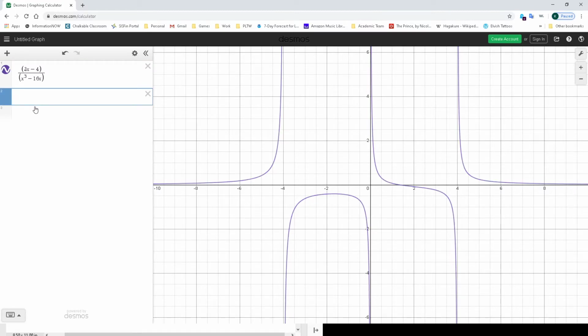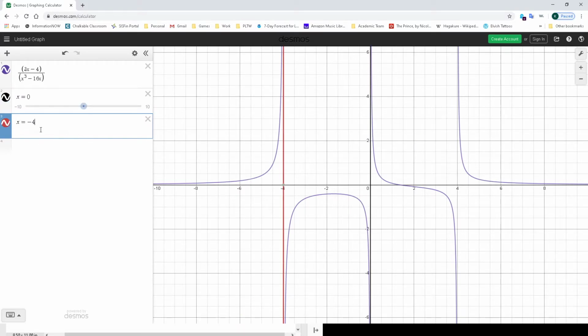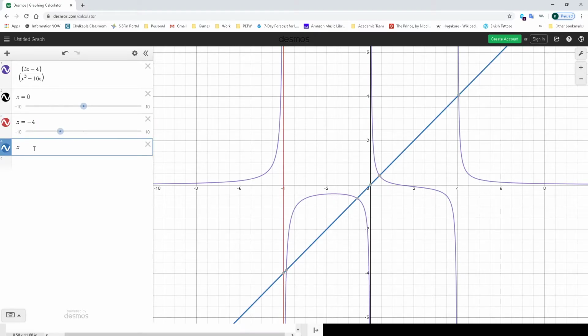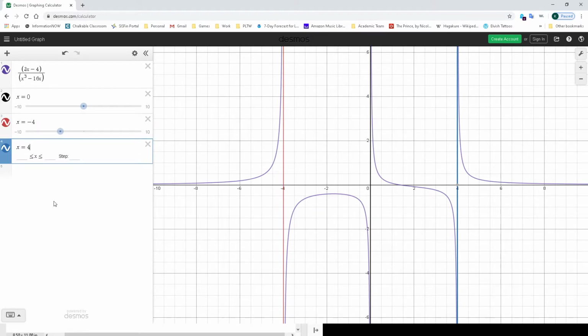Let's look at our asymptotes. Our asymptotes are at x equals 0, that's one in black. When x equals negative 4, one in red. When x equals positive 4, one in blue. And so you can see how, yes, there's an asymptote here, there's an asymptote here, there's an asymptote there.